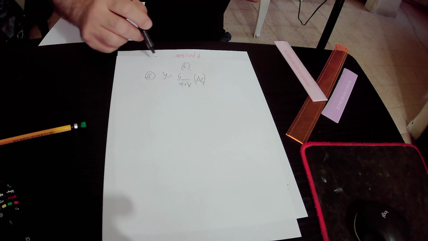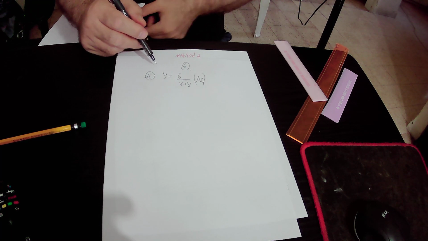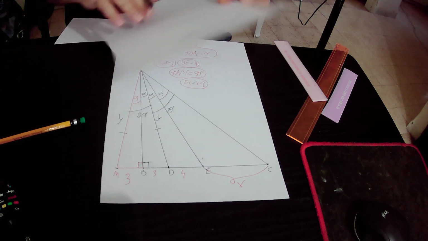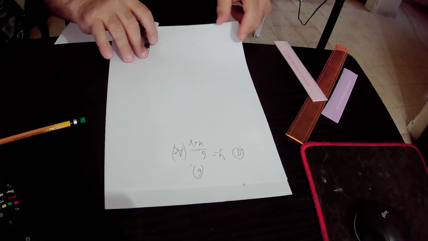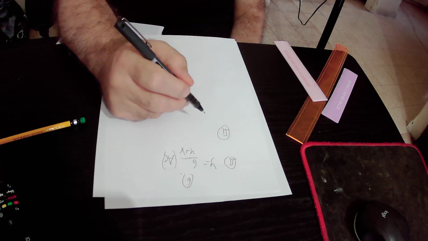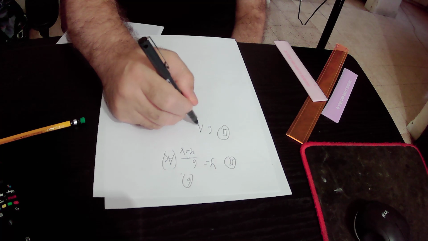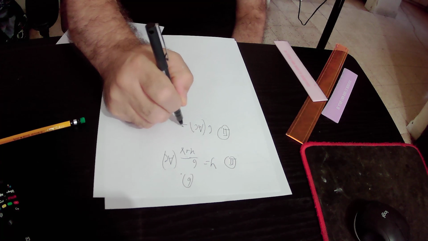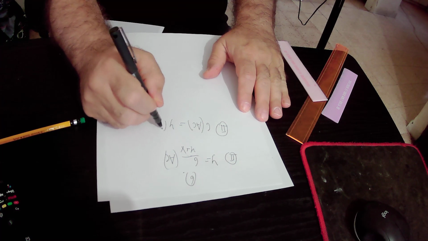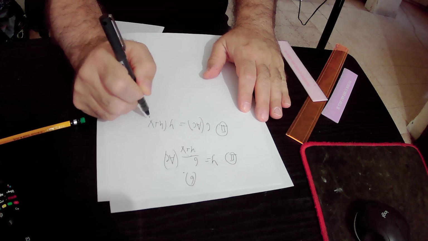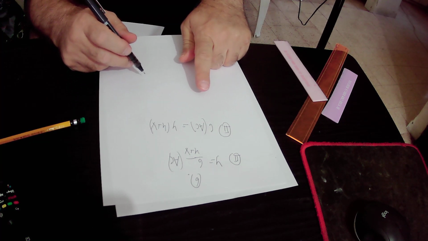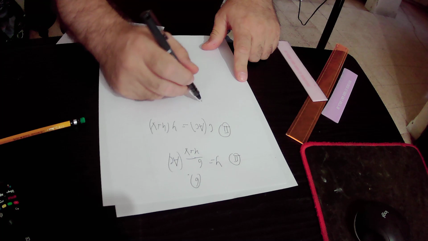Here we will multiply equation number 2 by 4 plus X, and we will get that 6 times AC equals Y times 4 plus X. Okay, so here we will divide equation number 2 by 6 in order to get the value of AC.